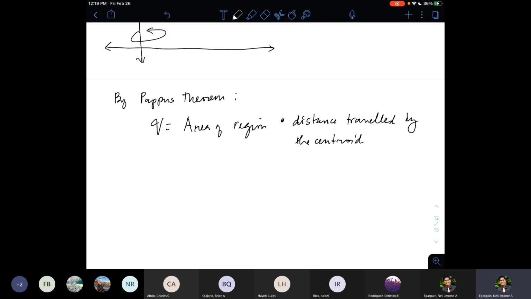Okay, that's what Pappus's theorem tells us. So first, area of the region. Well, the area of the region is given from the problem. It's 56 over 5. Done.